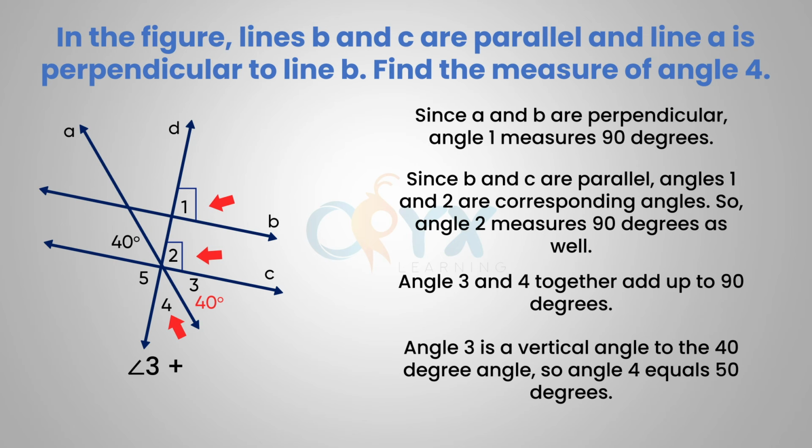And we know that because angle 4 plus the 40 degrees from angle 3 has to equal the 90 degrees. Subtracting 40 from both sides of the equation, we can see that angle 4 indeed equals 50 degrees.